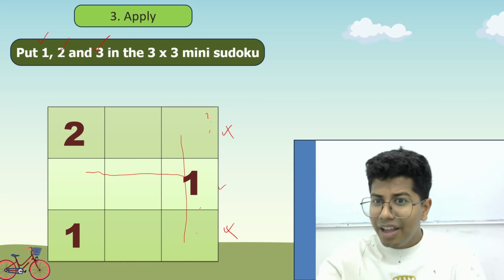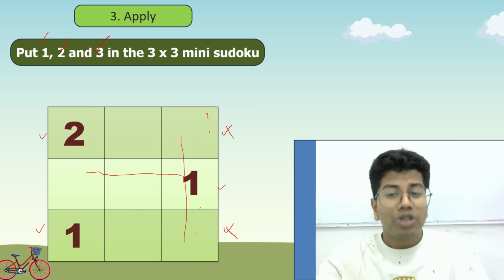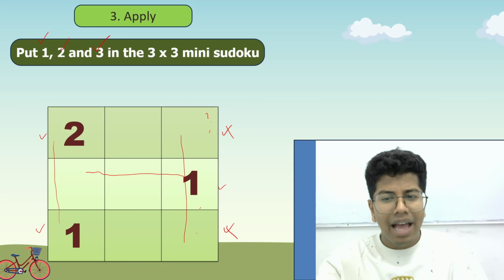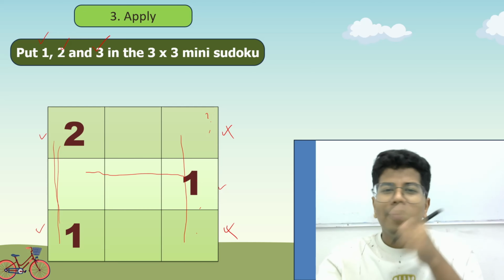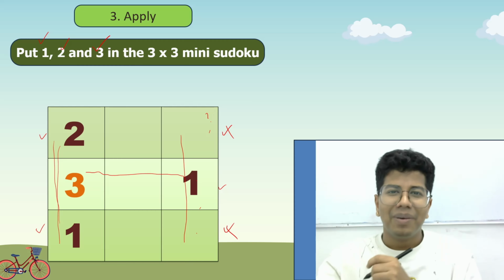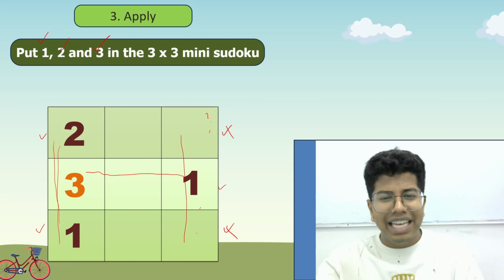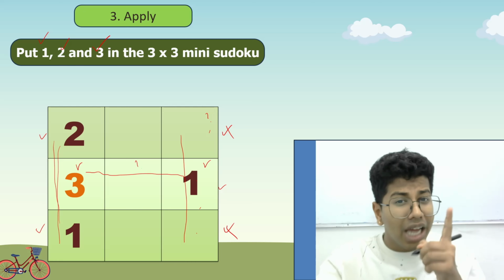But if you observe here, there are 2 numbers that are present here already. So this means 2 can't be here and 1 can't be here. So which is the only number I can put here? Of course, just 3. So I can put just 3 here. So now here, in this line, I have 3 here, 2 here. So which is the only number I can put here?